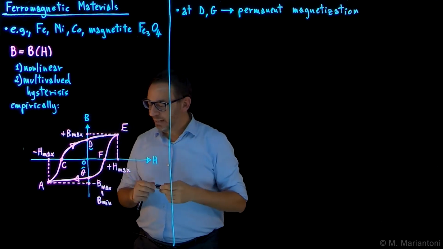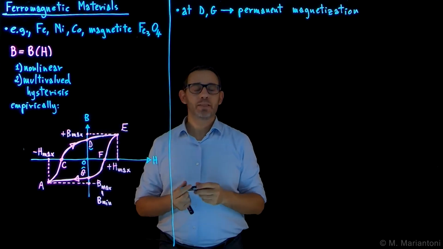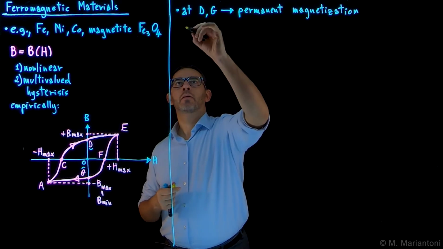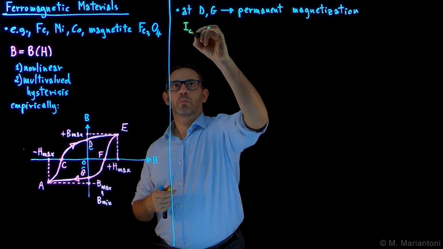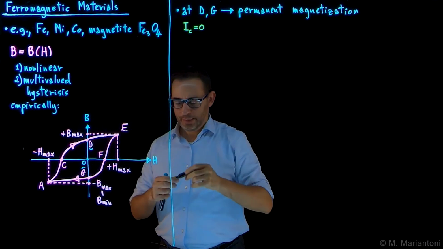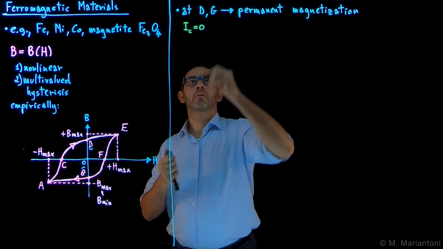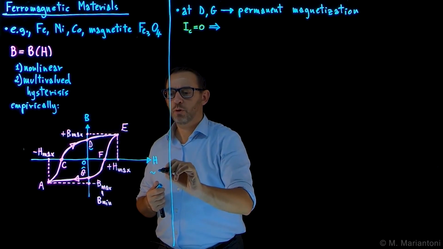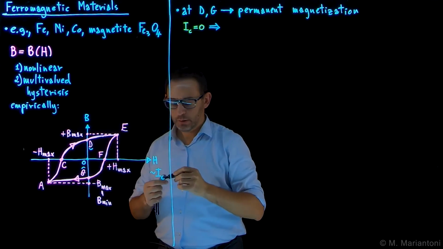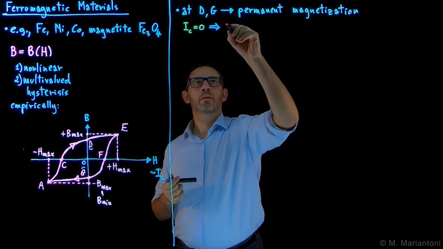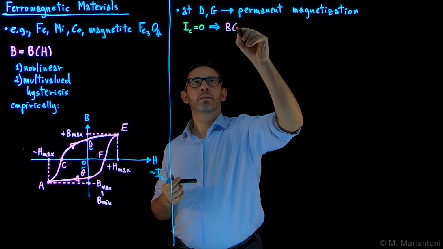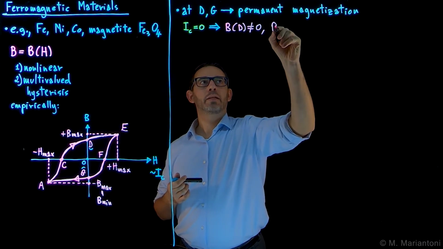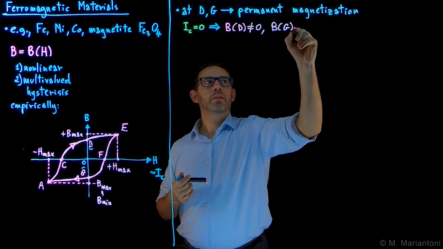So there is a permanent magnetization at this point, which again means even if I_C is equal to 0, yet, and remember again that this is proportional to I_C, which is our knob, yet B both at D is different than 0, and at G is different than 0.